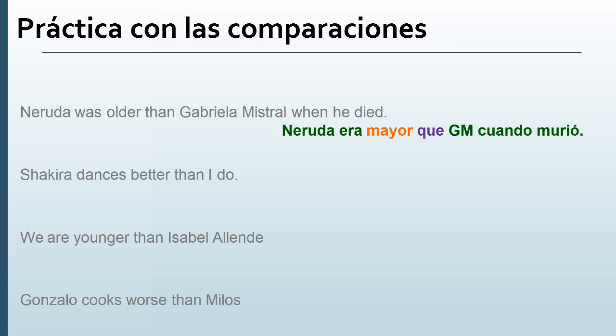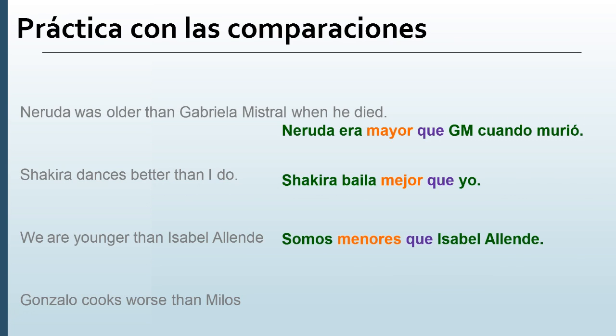Listo? Shakira dances better than I do. Shakira baila mejor que yo. We are younger than Isabel Allende. Isabel Allende is a famous novelist and writer from Chile. Somos menores que Isabel Allende.